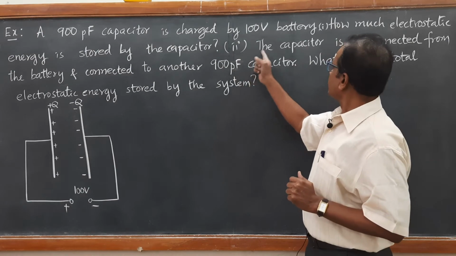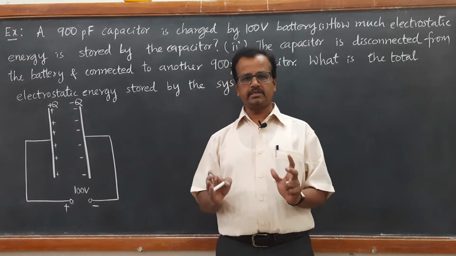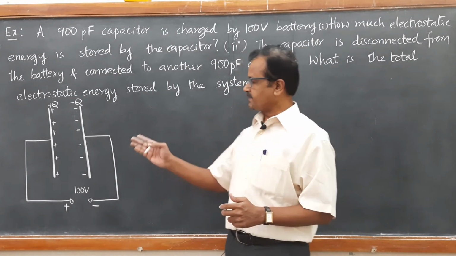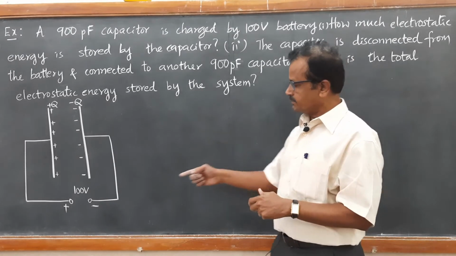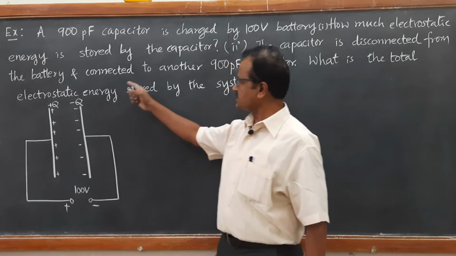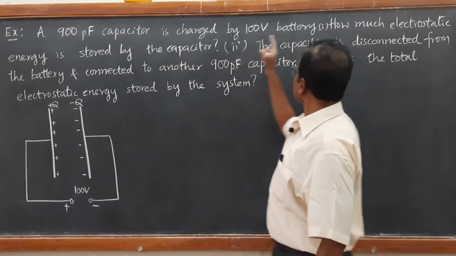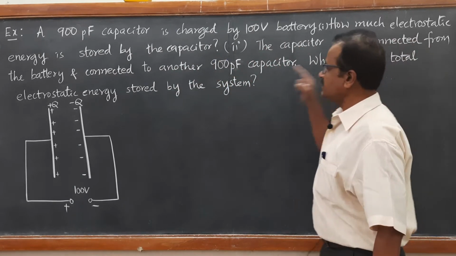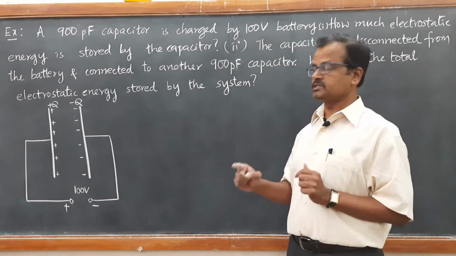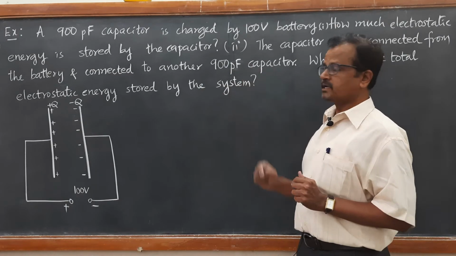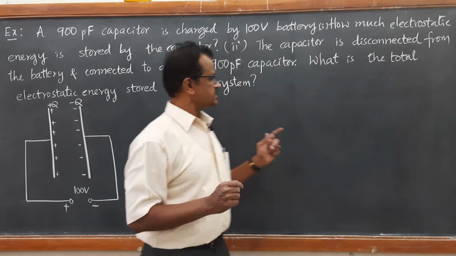Second, the capacitor is now disconnected. Once the capacitor is fully charged, in the next step the battery is disconnected, and the fully charged capacitor is connected to one more similar capacitor of 900 picofarad capacitance.